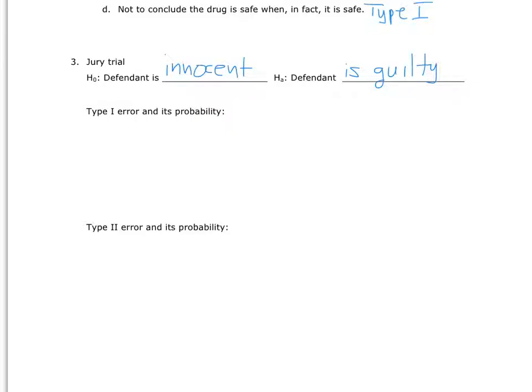So here we're just going to write out the type 1 error and identify what its probability is. So a type 1 error is when we reject a true null hypothesis.